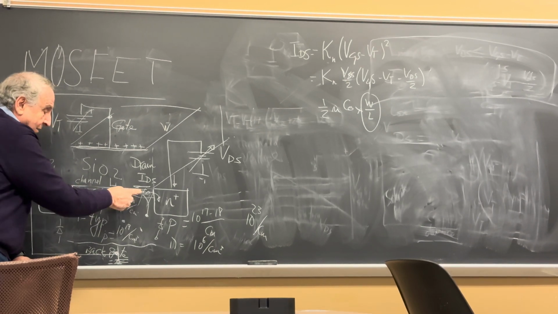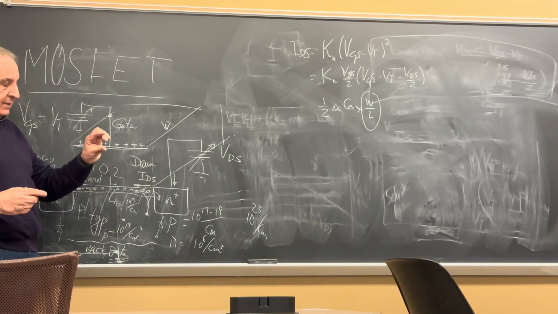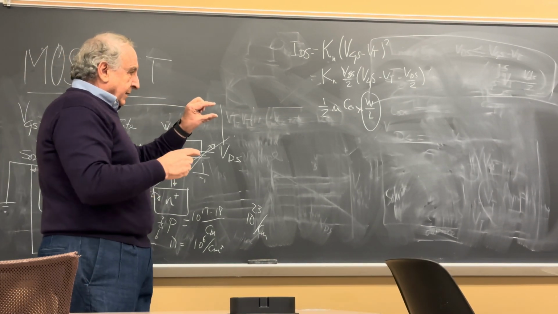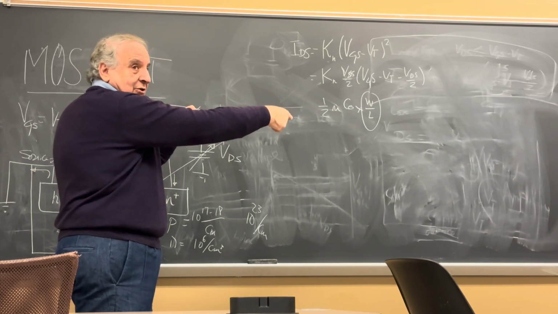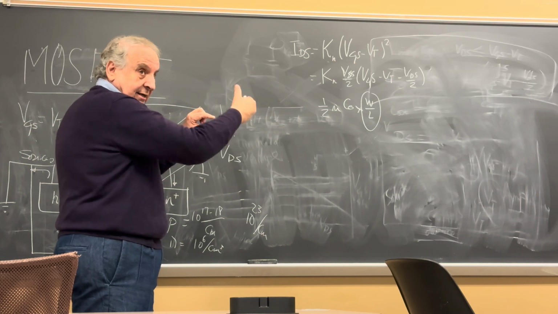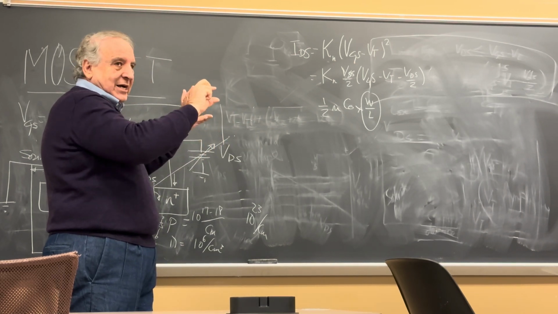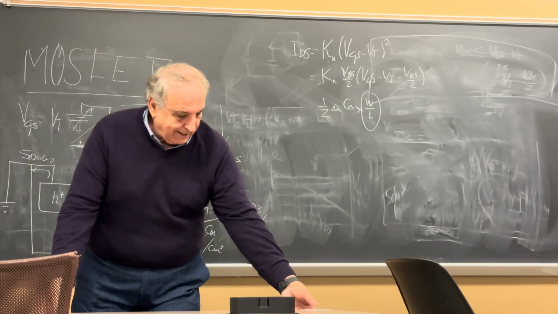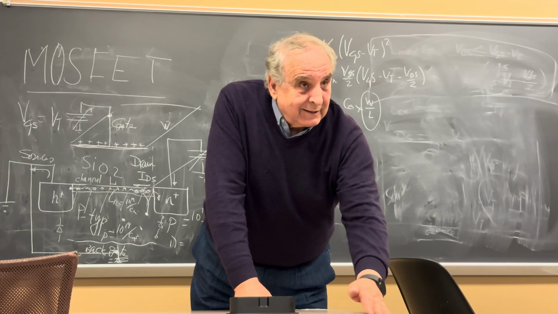If you make the channel shorter, the electron doesn't have to travel that far to get there, so that increases the current opportunities. Think of the channel from here to there. This is the width.